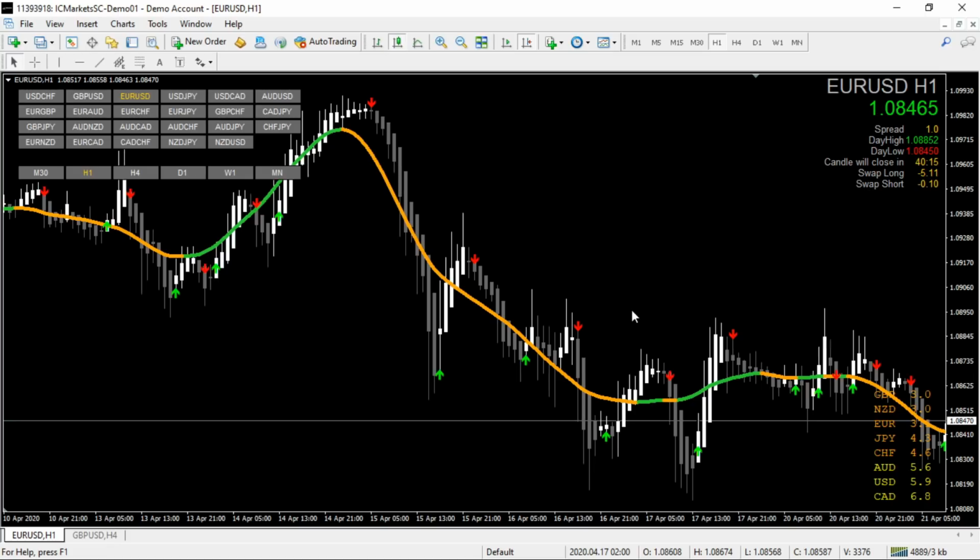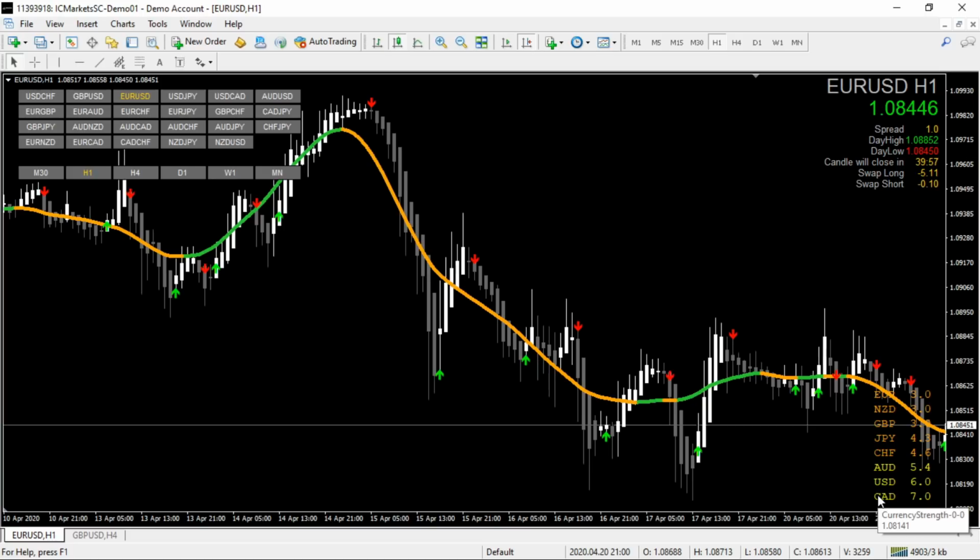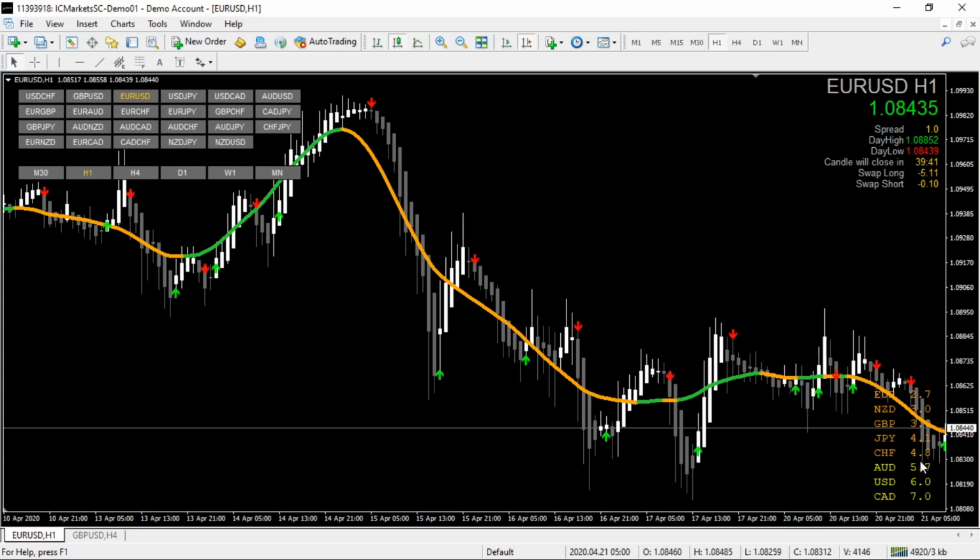Similarly, if the base currency strength is holding its position or keeps increasing its momentum, that means the trend is healthy and strong. So for example, if you look at the Canadian dollar, assume that the Canadian dollar strength was around 6 when you start the trade, and then after 1 hour it has decreased to somewhere like 5.